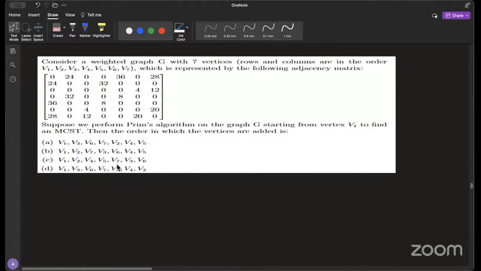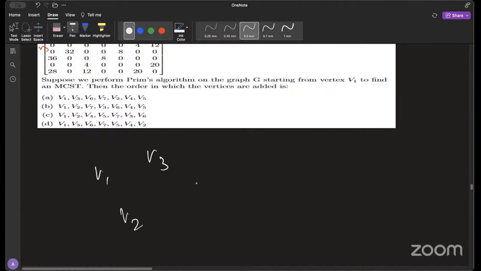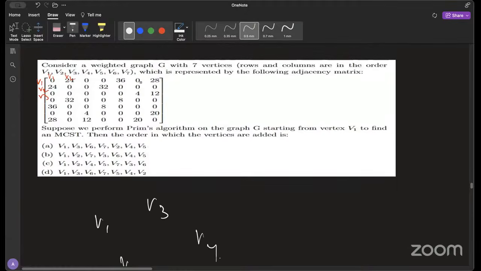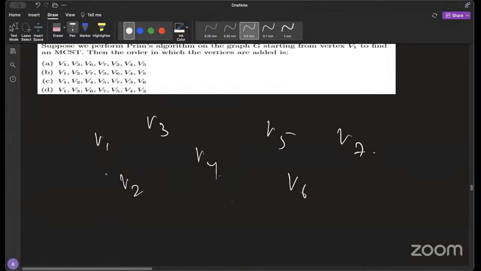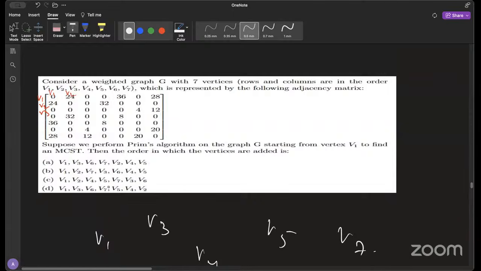So let's first try to make the graph of this one. This is V1, V2, V3, V4, V5, V6, and V7. From V1 we have an edge to V2, which is 24.